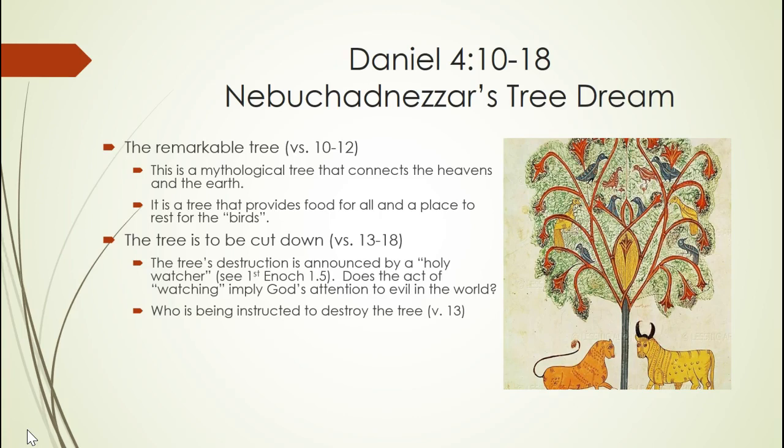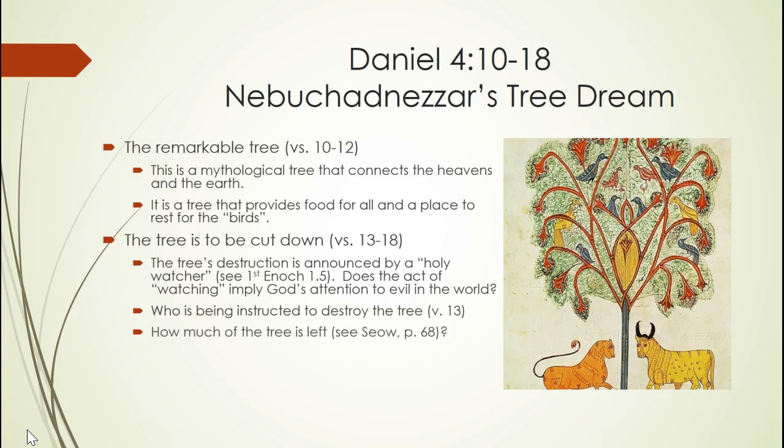So, is this to some other celestial beings that they are to cut down the tree? Is it to humans that are to cut down the tree? Is it just basically announcing what is going to happen? So it's not really instructions for anybody particularly to cut the tree down.